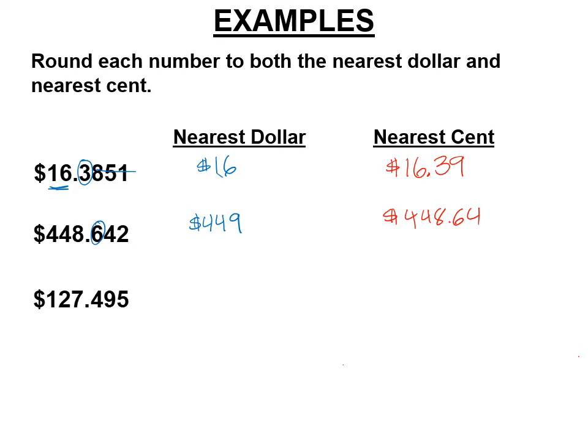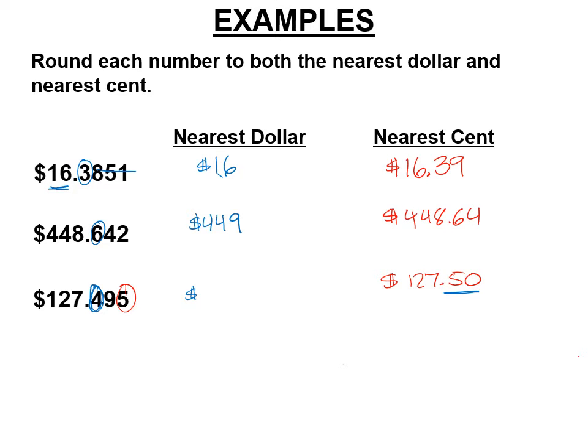All right, $127, that's a 5, so we're going to go up. And we're going to make that $127.50, right? We're going up from 49 cents. Nearest dollar, we just look at the 4, and we're going to stay. Now this is interesting, and that's why this one is here, right? Even though I've made this 50 cents, and 50 cents you should go up, you look at the original one for the nearest dollar.